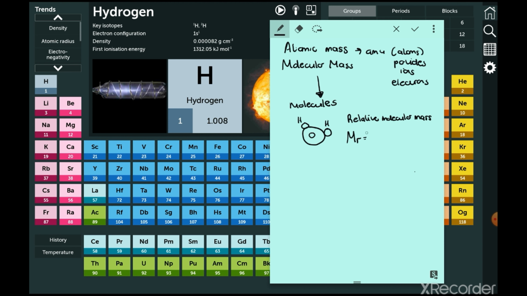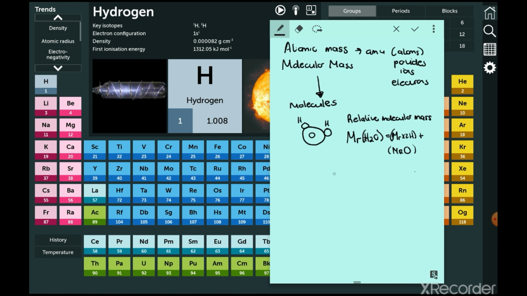So the molecular mass of a water molecule is going to be the mass of 2 hydrogens. Can you see there's 2 hydrogens? So it's going to be the atomic mass. I'm just going to refer to it as Mr of 2 hydrogens, and you're going to add the relative molecular mass of 1 oxygen.